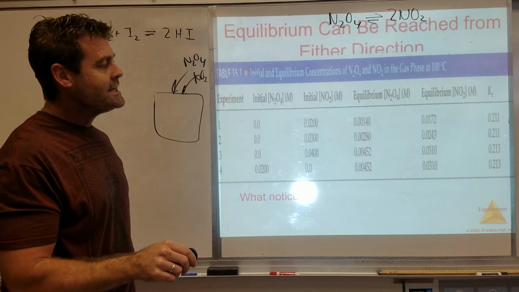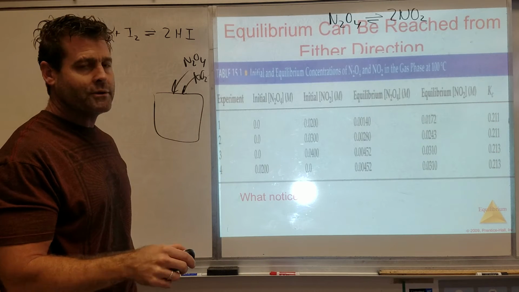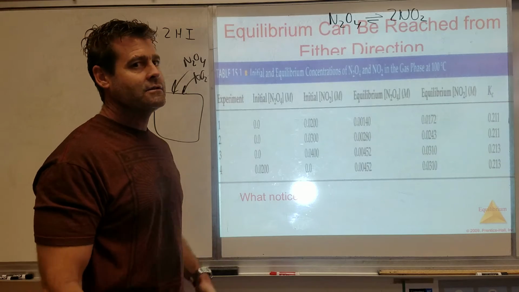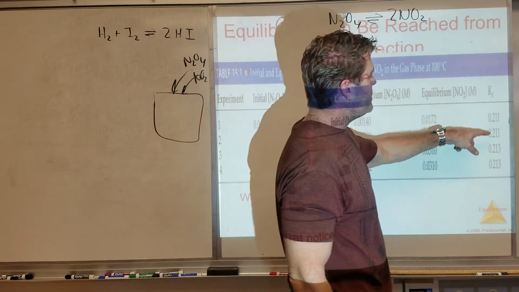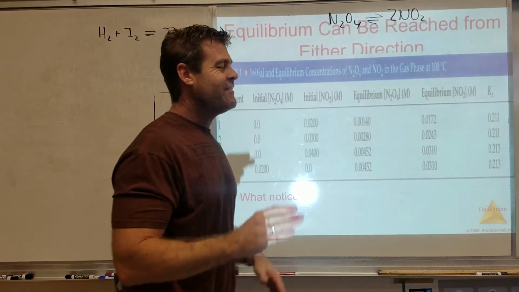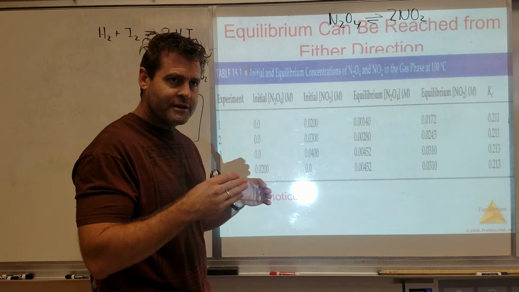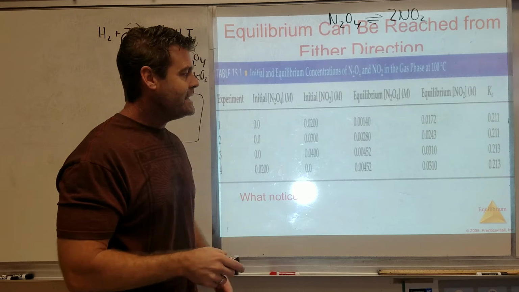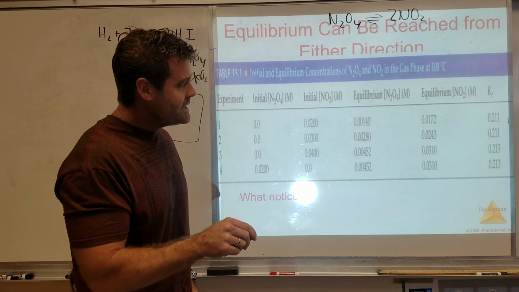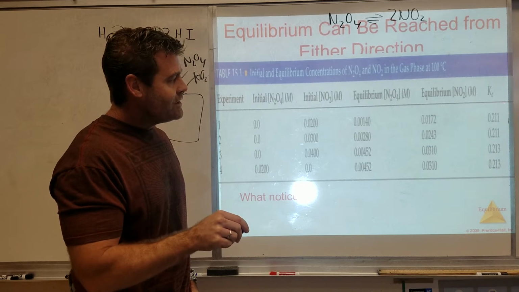Even though this is 0.211 and this is 0.213, those are really, really close together. In fact, you could probably attribute the very slight difference to experimental error. You guys remember, anytime you do an experiment, your data might be slightly off from reality. So for all practical purposes, these are all the same value.